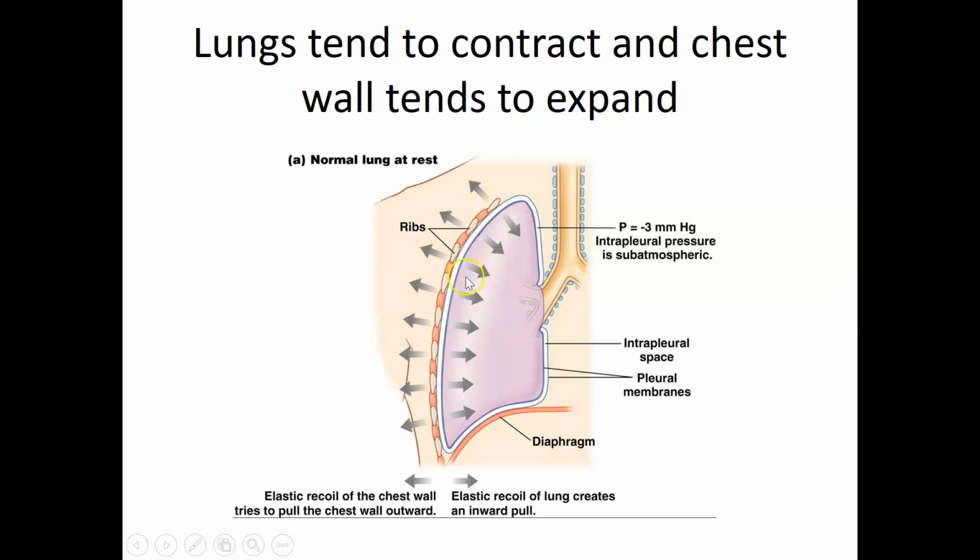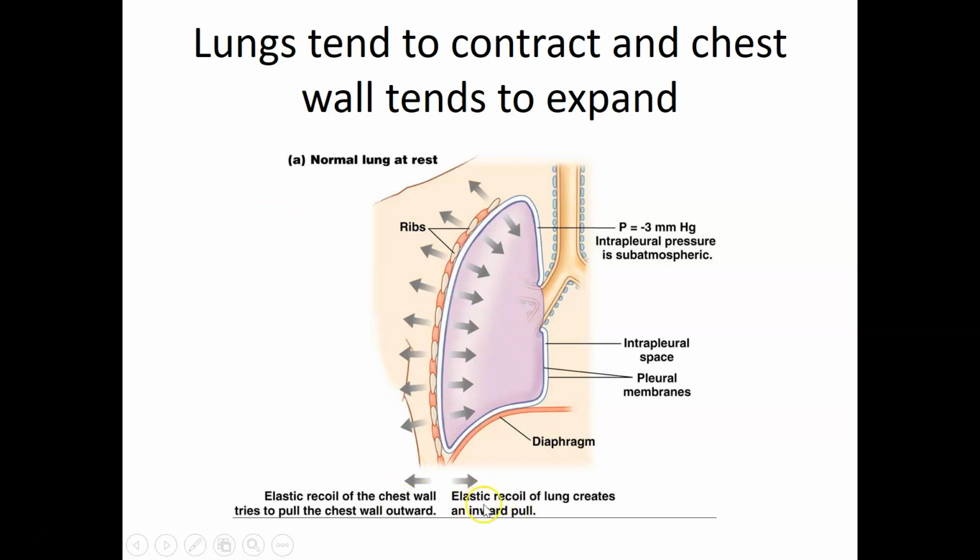So this slide is showing that in the lung tissue, the lung tends to want to contract on itself, and it's showing arrows pulling the lung away from the body wall, but this would be in general happening on all surfaces of the lung, tending to want to shrink the size of the lung.